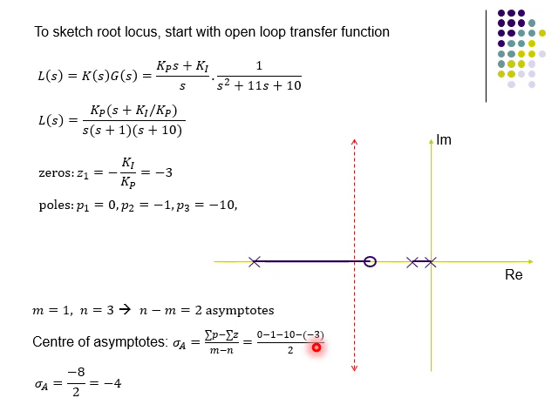So if we have two asymptotes, we know that the direction of the asymptotes, one asymptote goes straight up and the other asymptote goes straight down, and the two asymptotes start at the -4 point here. In order to complete the root locus diagram, we have to draw the branches that approach the two asymptotes.